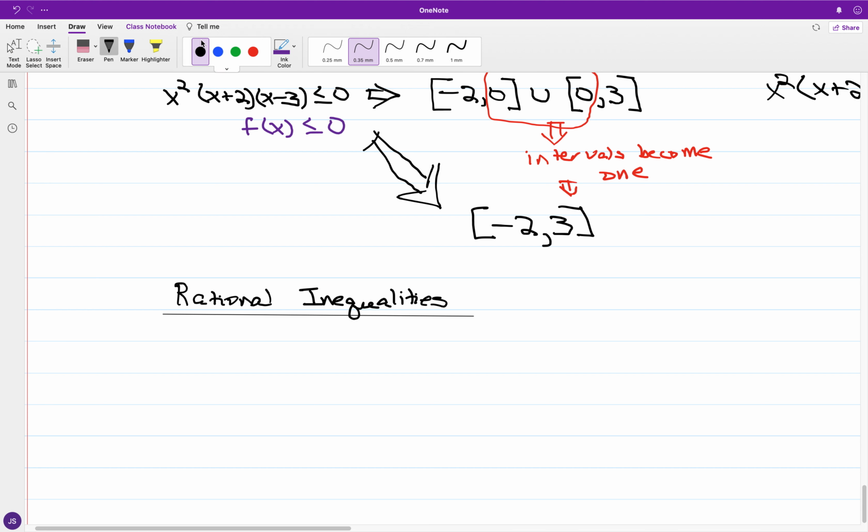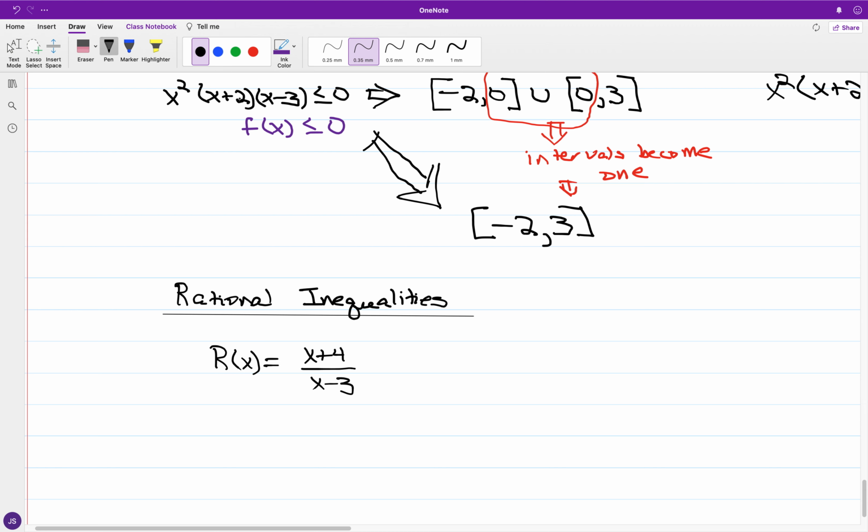Okay, and let's say that I have r of x equal to x plus 4 all over x minus 3.